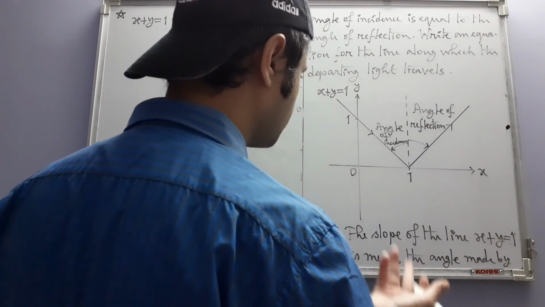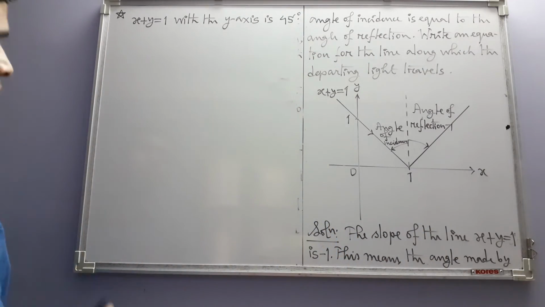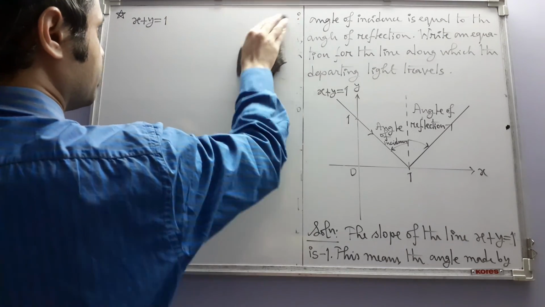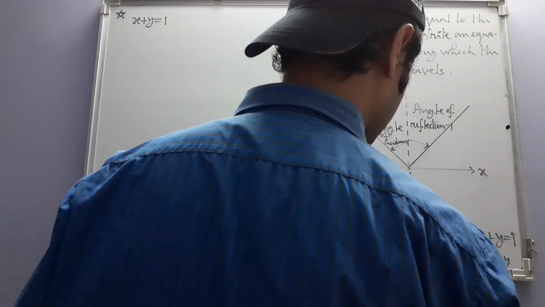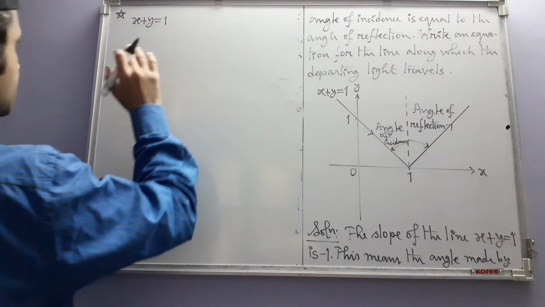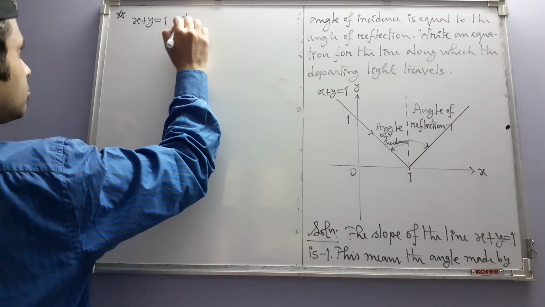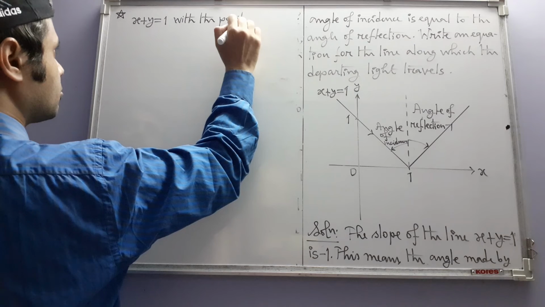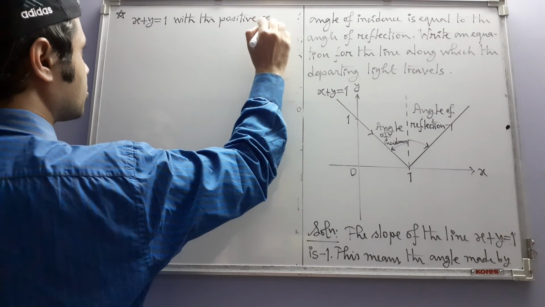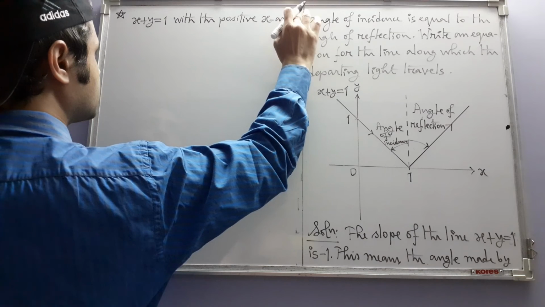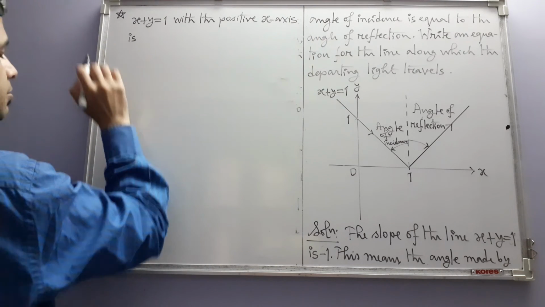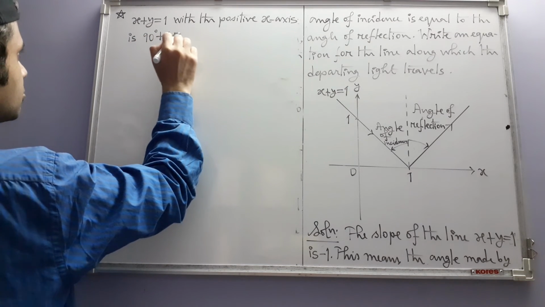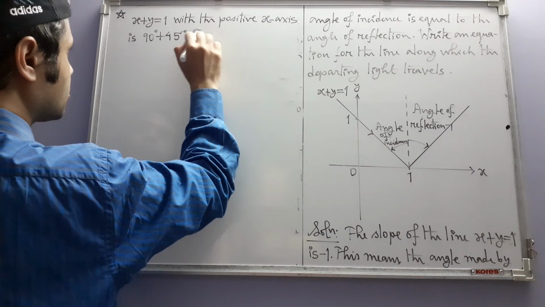So instead of writing like this, which is somewhat confusing, the angle made by x plus y equal to 1 with the positive x-axis is 135 degrees.